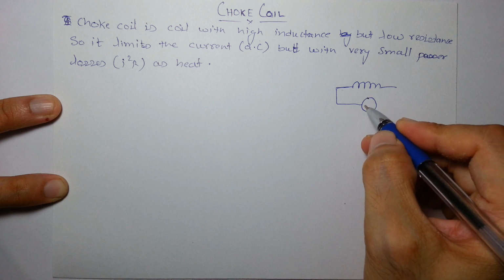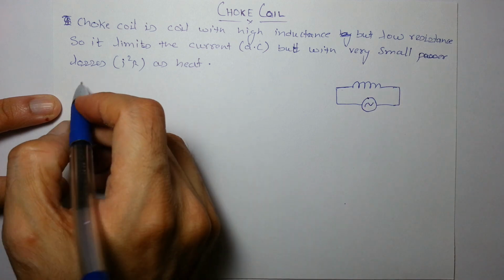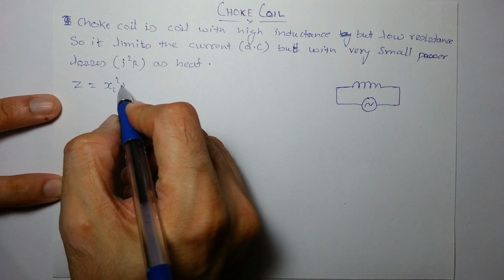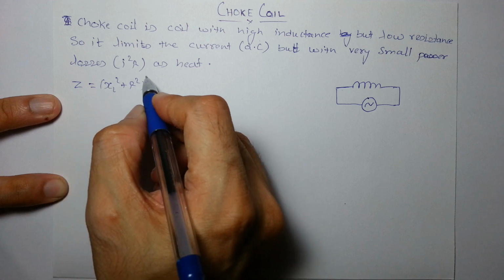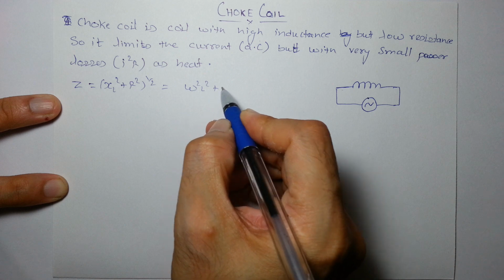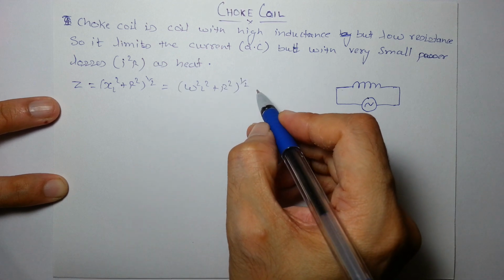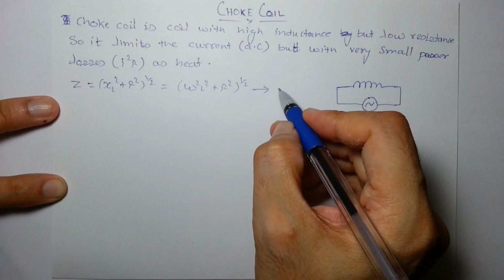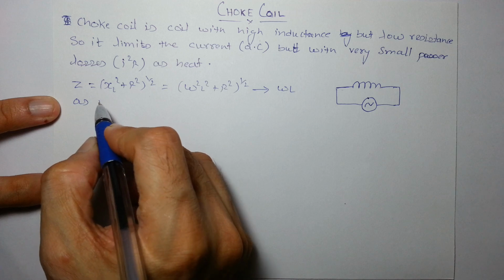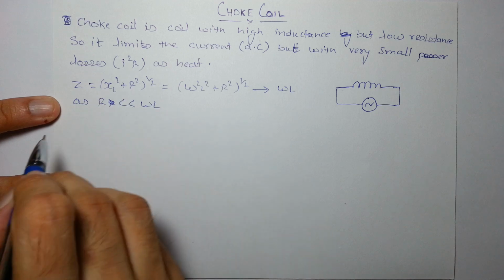When connected across an AC, the Z, which is the square root of XL square plus R square, is the square root of omega square L square plus R square, is very high, or we can say it tends towards omega L, as R is very small as compared to omega L.